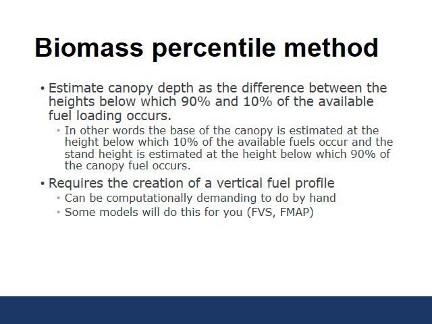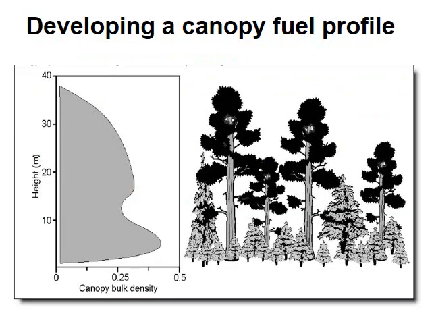This method is used in several popular models, including FVS and FMAP. On the right-hand side of this picture, you see a theoretical stand. On the left-hand side of the picture, you can see the vertical canopy profile for this stand. We are now going to go over how to develop a vertical canopy fuel profile.